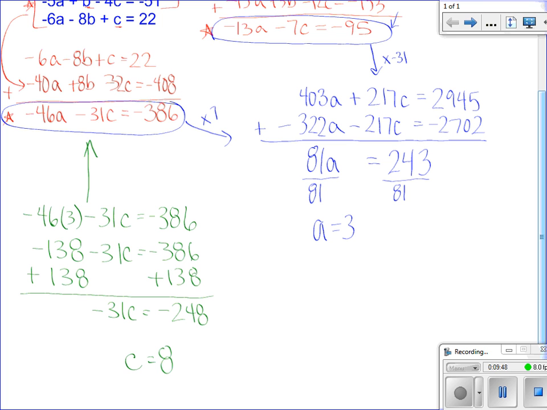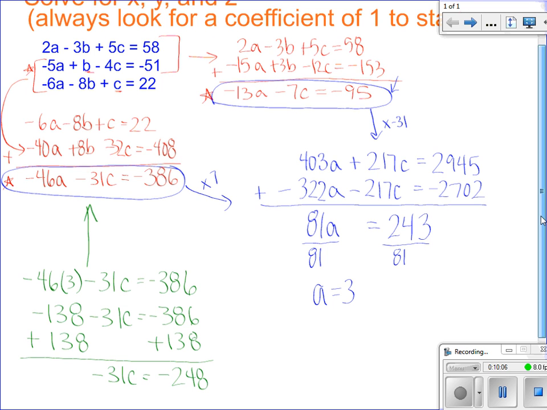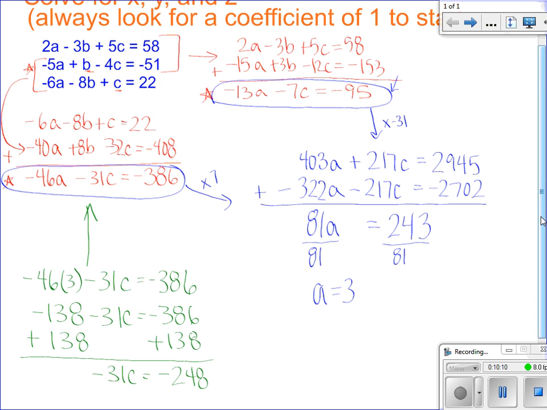Now that we have two letters, we can go back to the very original problem, because those have all three variables in them. You can pick any of the three equations. You will get the same answer every single time. But we're going to go back to these original equations, pick one, and put in our two values that we now know, A and C. So let's pick the middle one, since B is all by itself.